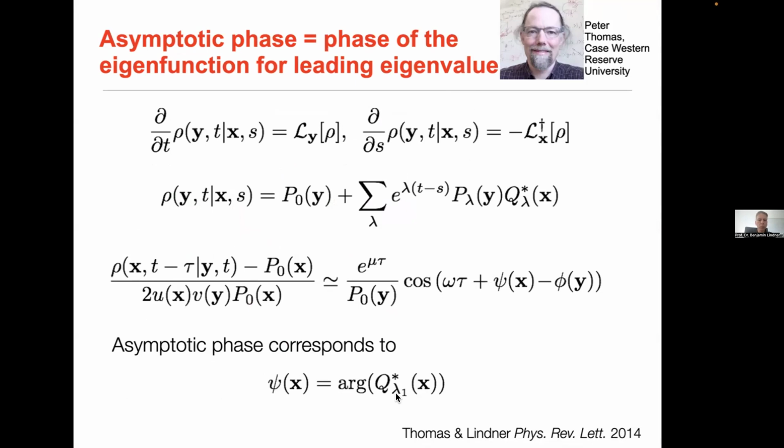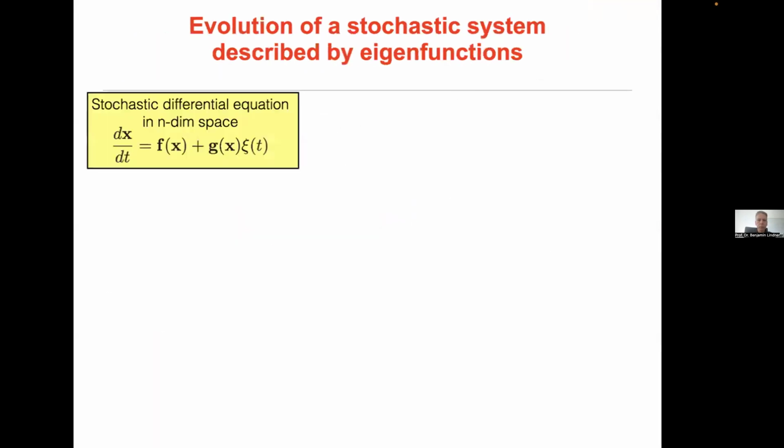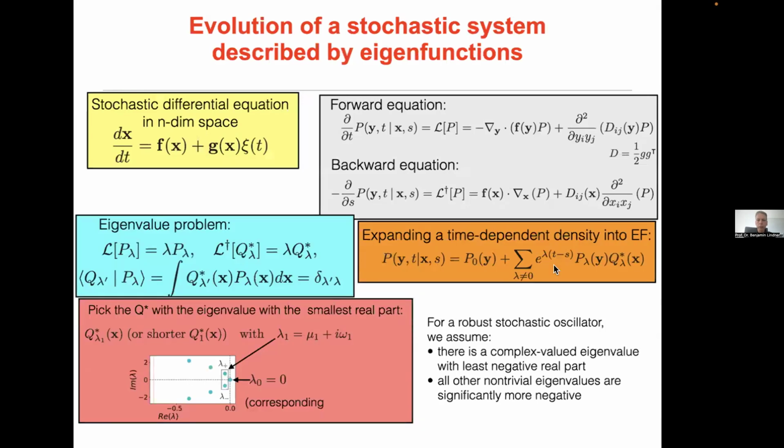Of course, if you go back here to my expansion, there is also the eigenvalue 0 that we represent here by this extra term. That's the stationary probability distribution to which this probability density will converge in the long run. But the slowest time-dependent thing that happens is characterized by p lambda 1 and q lambda 1.